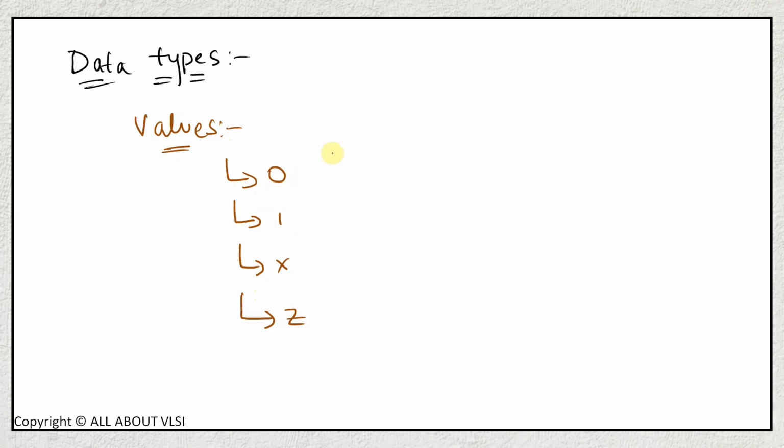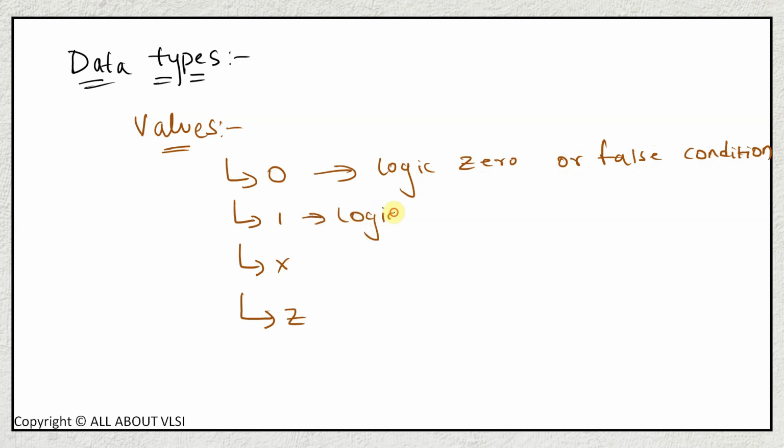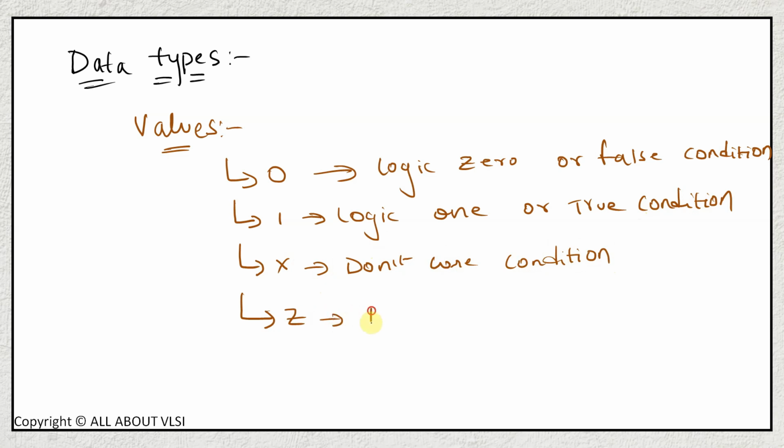Basically, 0 represents logical 0 or false condition, 1 represents logical 1 or true condition, x stands for don't care condition, and z stands for high impedance condition.